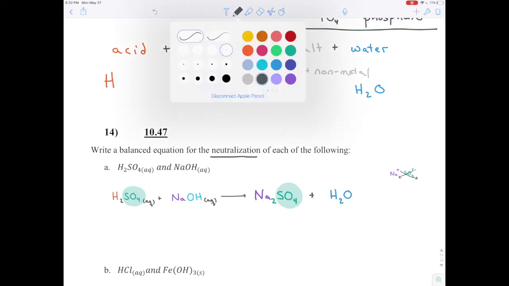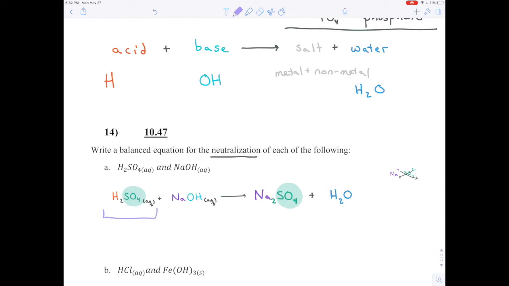How many giant green blobs do I have on the left? Just 1. The 4 is part of the blob. There are no numbers outside of that. So just 1. How many green blobs do I have on the right? If I look at the bottom right, I see that there is no number there, so it's just 1. So the sulfates, the green blobs, are balanced.